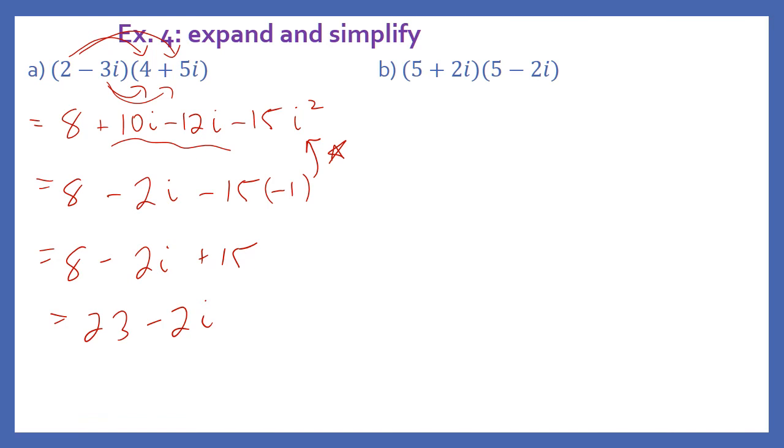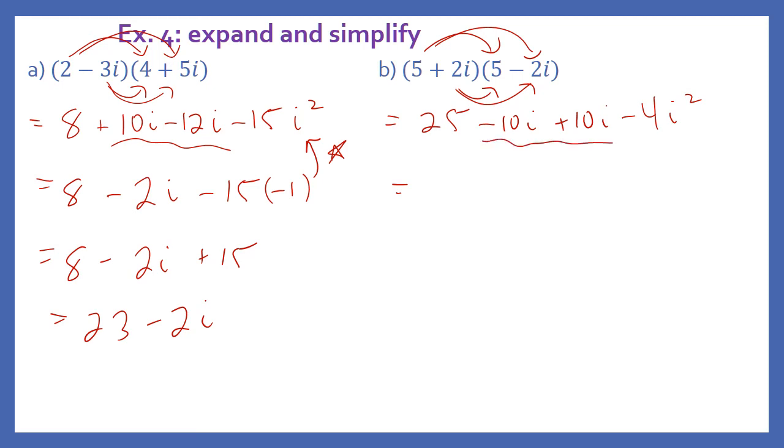B. Again, FOIL. 25 minus 10i plus 10i minus 4i squared. Now this is kind of like our complex conjugate part. When you multiply, those middle terms cancel.